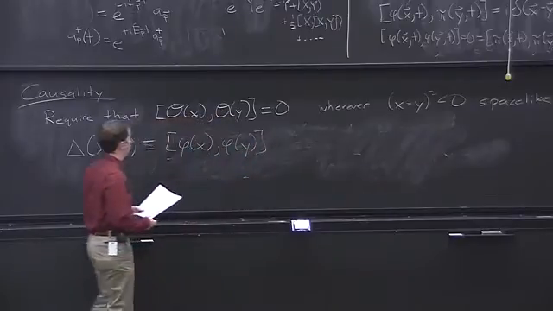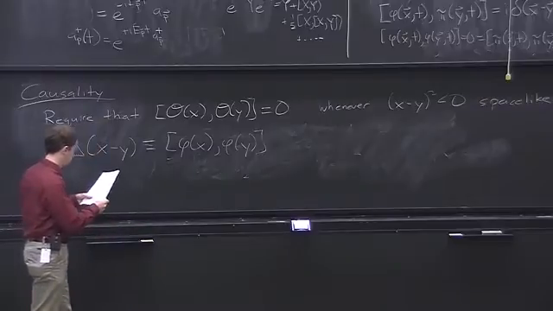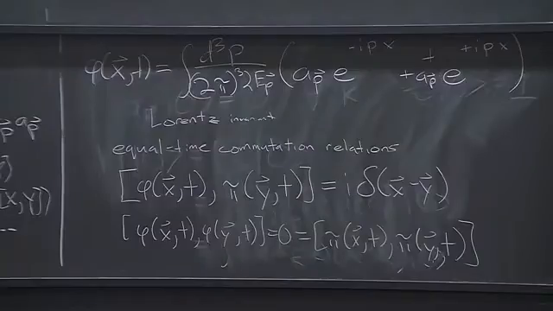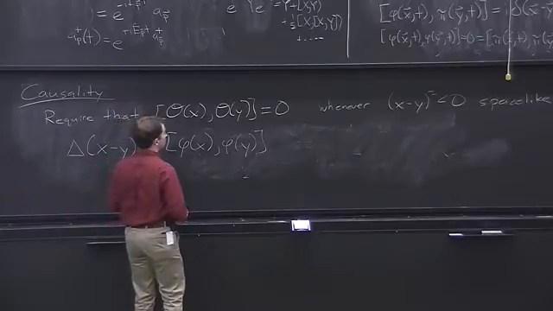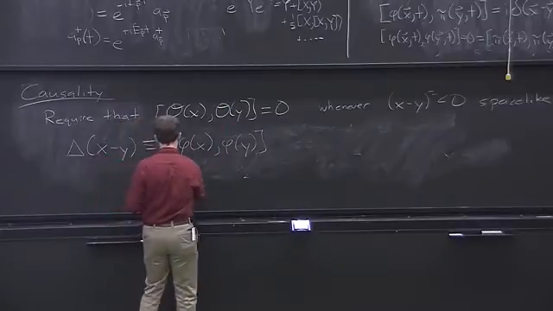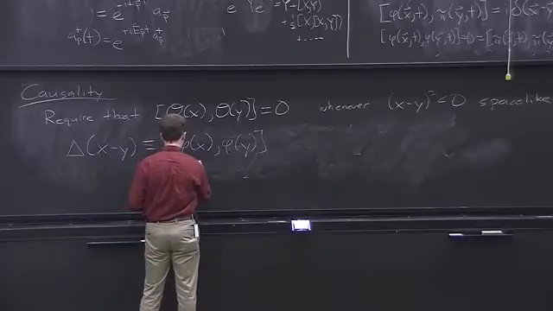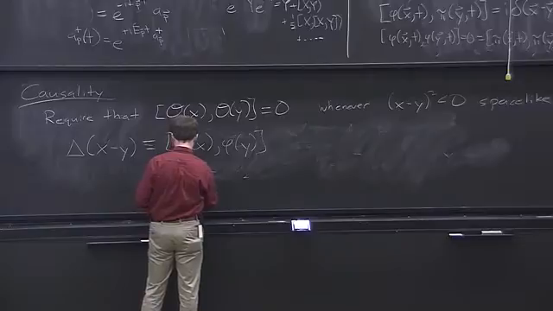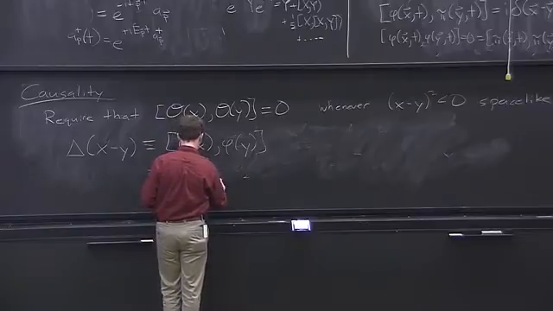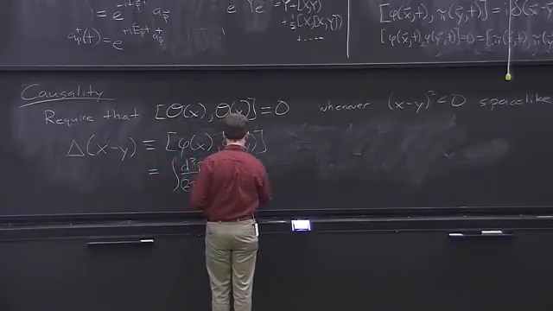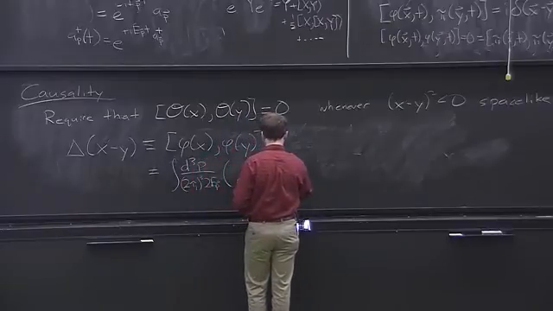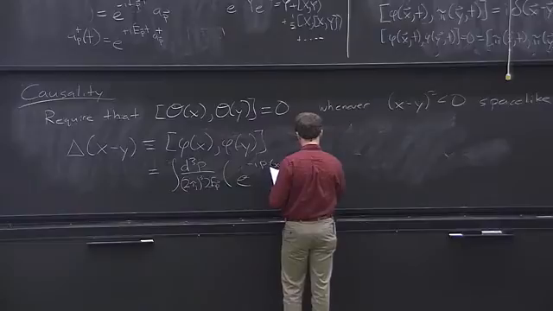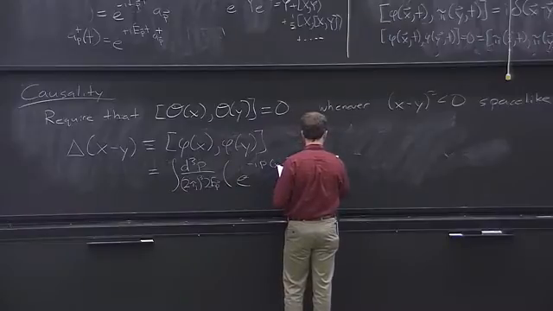So this is, given our results up here, the integral d^3p over (2 pi)^3 1 over 2 E_p times e to the minus i p dot (x minus y) minus e to the i p dot (x minus y).